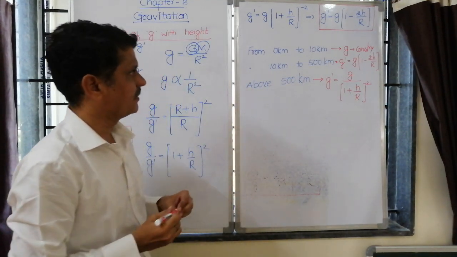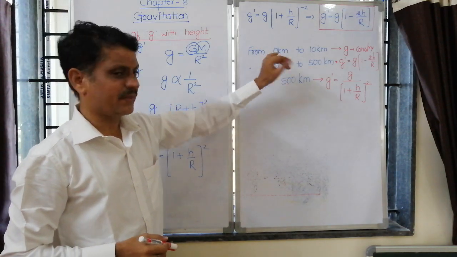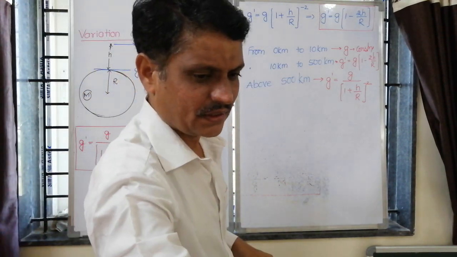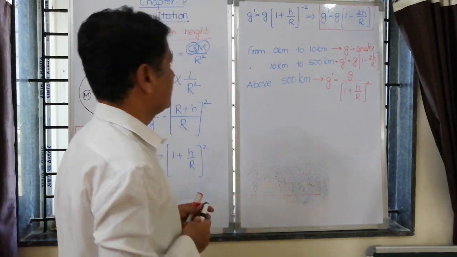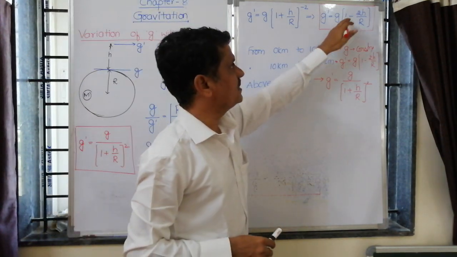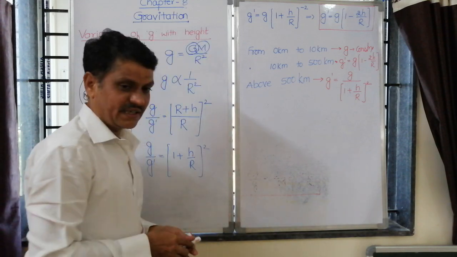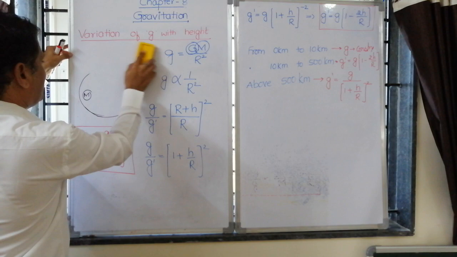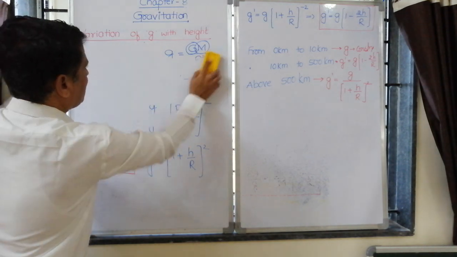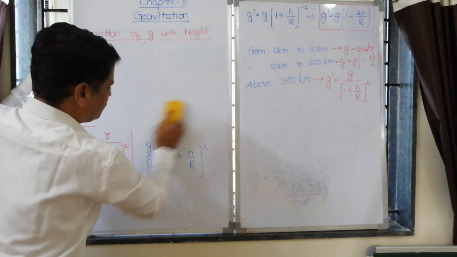Okay. So this you can keep in mind. Now let us take next. See here, if h is very small, then it is necessary to calculate percentage change, or otherwise in general also we can take the percentage change in g.